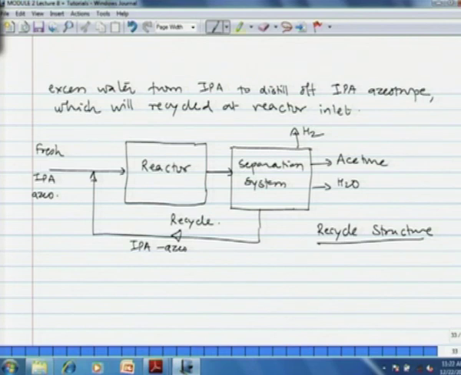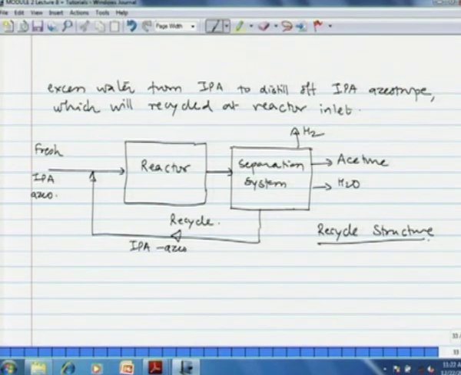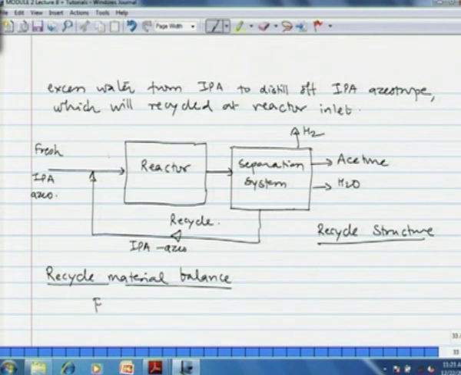We have determined it from theoretical considerations. We have to determine the recycle material balance. Okay. The total IPA feed, which is at the reactor inlet, which is the mixture of the fresh and recycled feed. So, the total IPA feed we denote as FIPA.